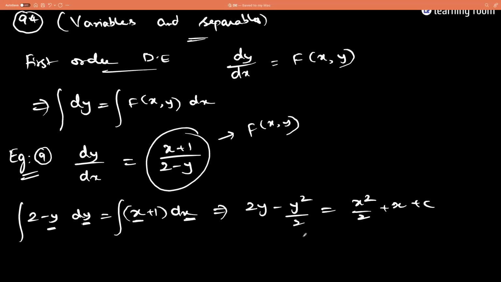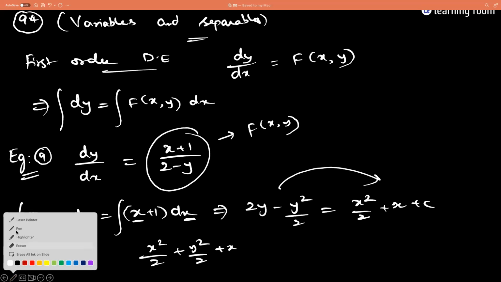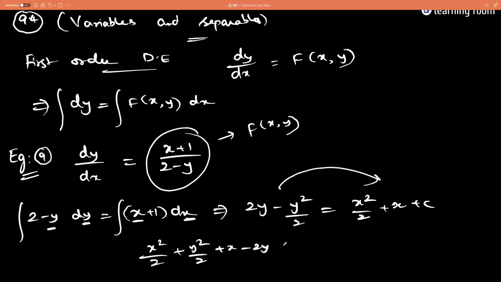But generally, how they will write is, they'll combine the equation and write it. So you can write it as x square by 2 plus y square by 2 plus x minus 2y plus c is equal to 0, which implies x square plus y square plus 2x minus 4y plus 2c is equal to 0.